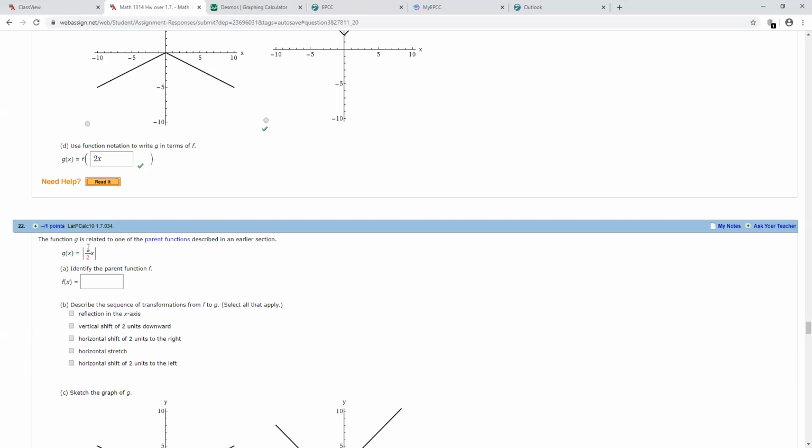So what's this one, ladies? William, what's this one going to be? So it's a dilation, but vertical or horizontal? Horizontal. Good. And what is the inverse of multiplication of 1/2? Or you could say the mathematical inverse of division of 2.